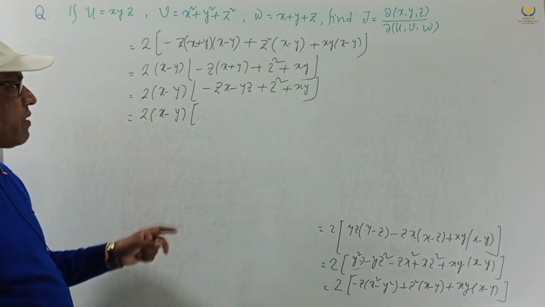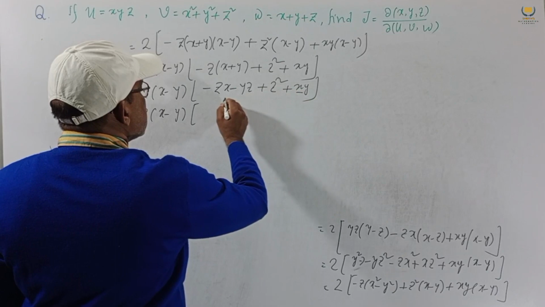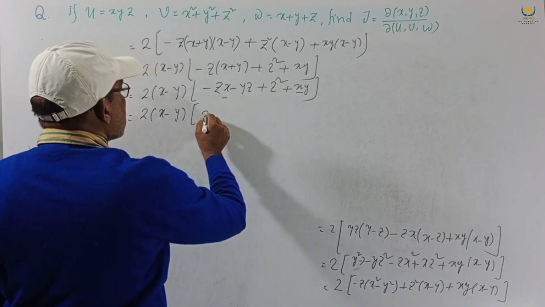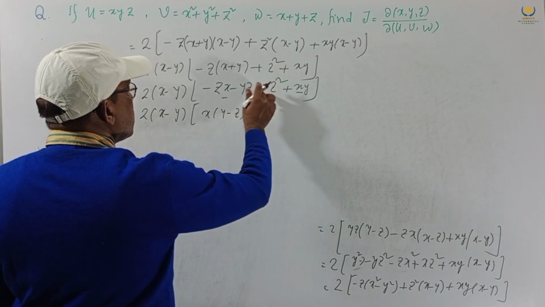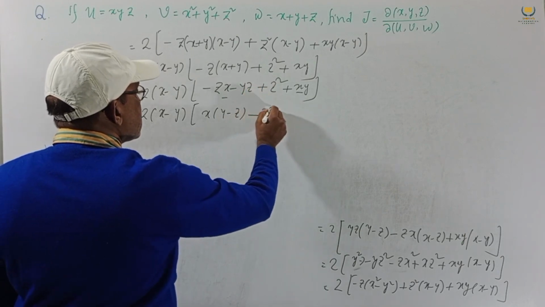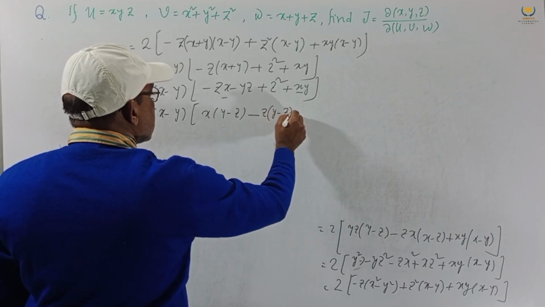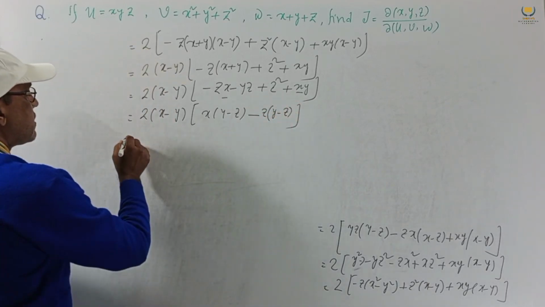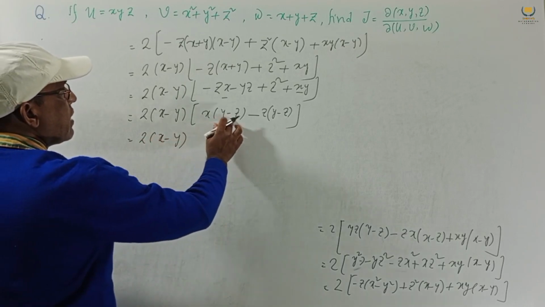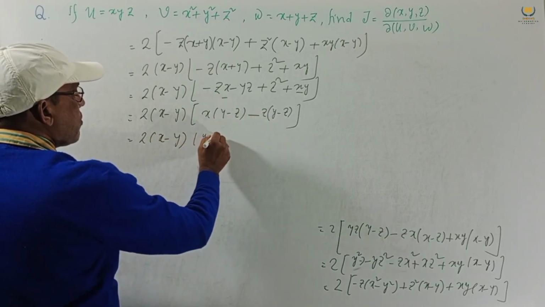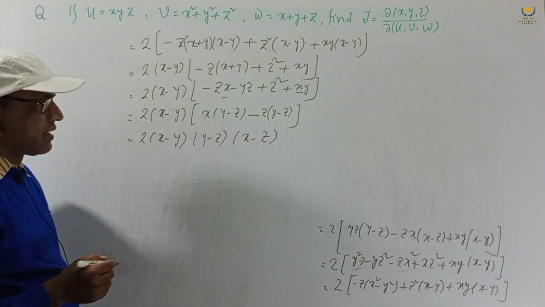Next you have to find y minus z. From this and this, taking x common, we get y minus z. From these two, taking z common, we get y minus z common. We get this, 2 x minus y, again y minus z common, we get x minus z.